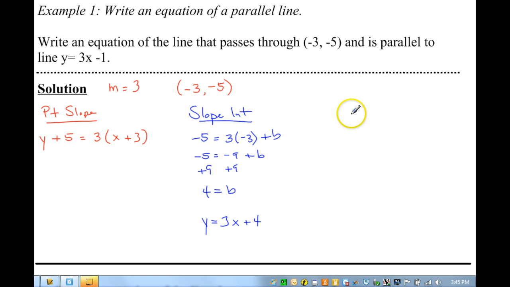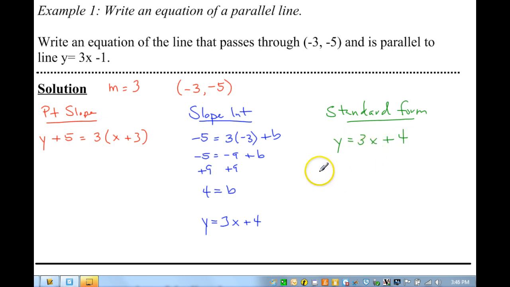Finally, you could write it in standard form. It certainly would be much more work than the other two. What I would do is take my equation in either point-slope form or slope-intercept, and rewrite it to get it in standard form. I'm going to use my slope-intercept, y equals 3x plus 4.